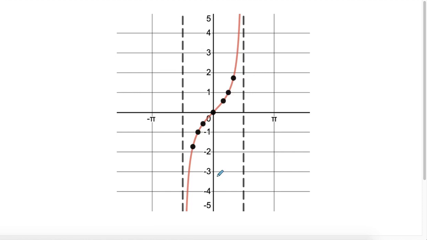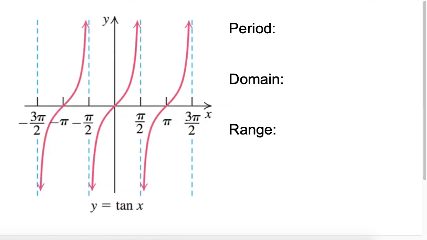Now, tangent is also periodic, and we just mentioned that this would actually just keep repeating itself. So this is one period. The tangent function would actually continue in both directions with this same pattern. It would look the exact same from pi over 2 to 3 pi over 2 as it does from negative pi over 2 to pi over 2.